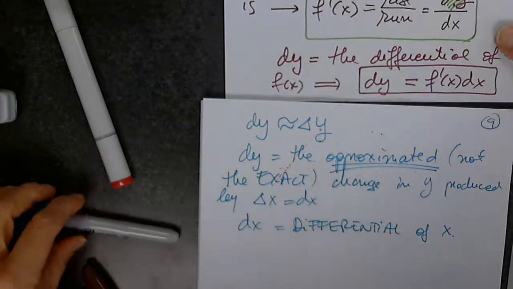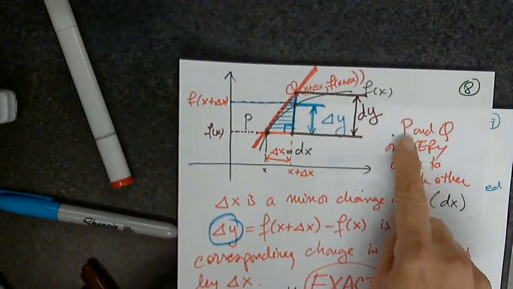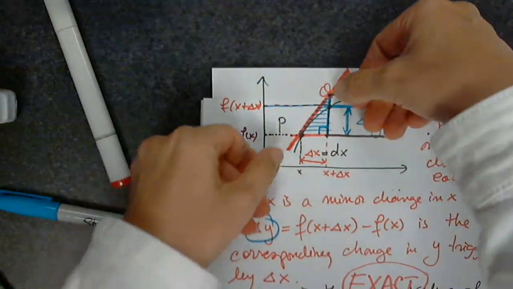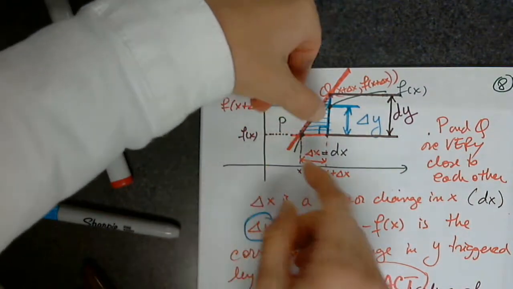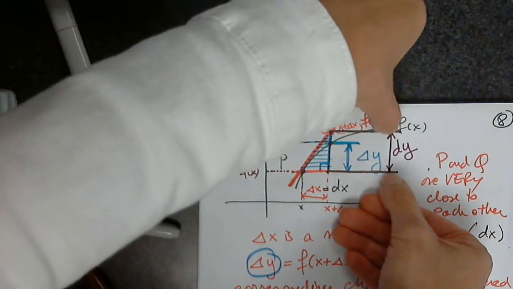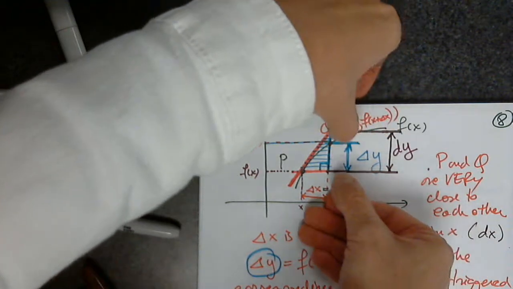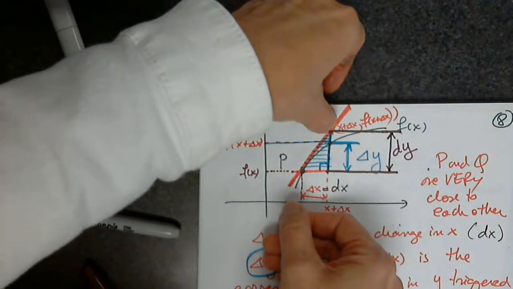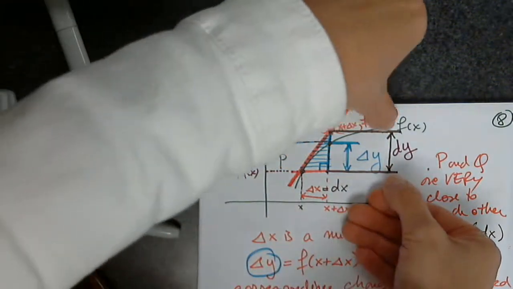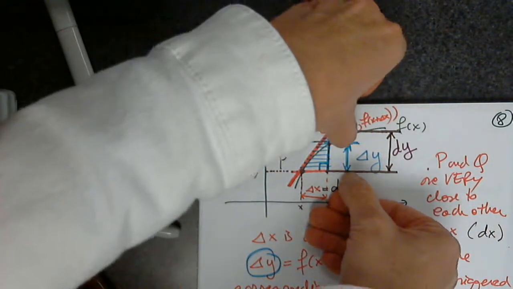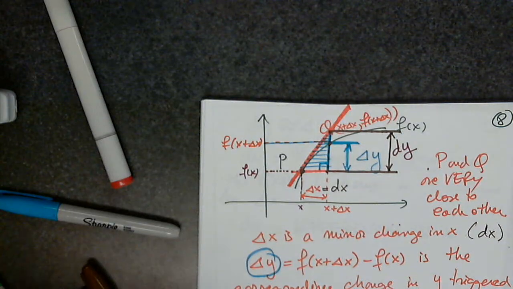But remember the little note that I put here? So if Q is very close to P, what do you think about this? Will this be a good approximation of this if Q is right here in the vicinity of P? Do you think that these two will be very different in numbers?